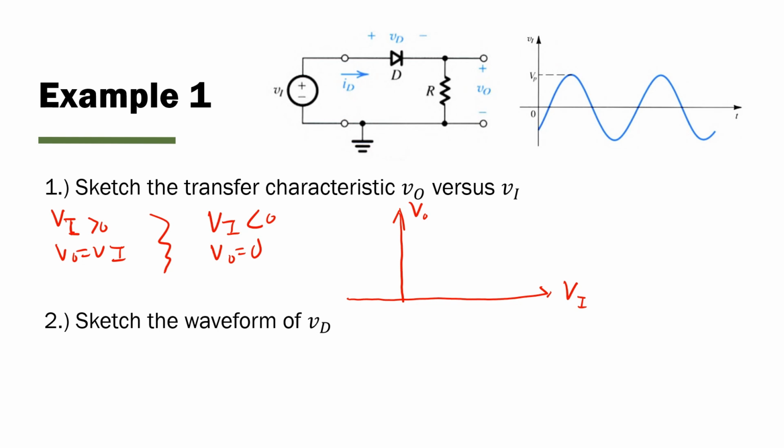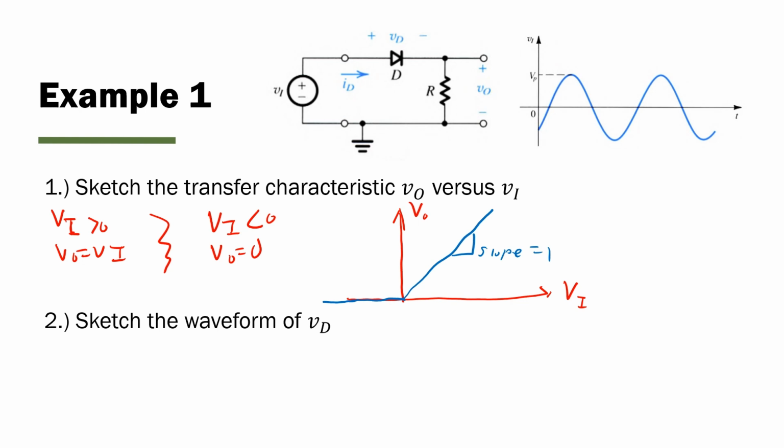So if I try to sketch the transfer characteristic, when Vin is less than 0, we have 0 volts for Vout. Then as soon as we surpass 0, Vout just equals Vin. So this would just be a linear relationship with a slope of 1.